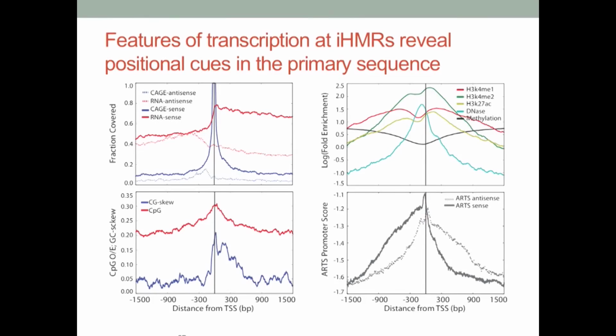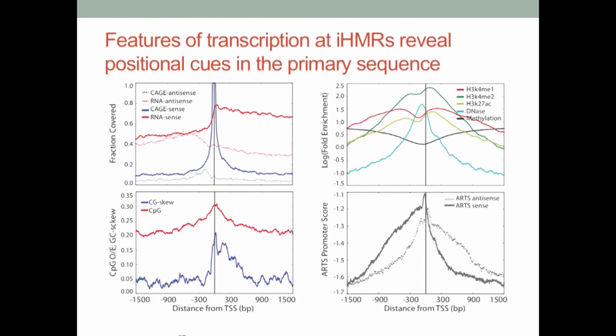In this case, we always look at the most likely direction, as shown by the CAGE tags. This one doesn't show it very well, but it's an aggregate plot, and it shows that most of the transcripts produced from these regions are directional.